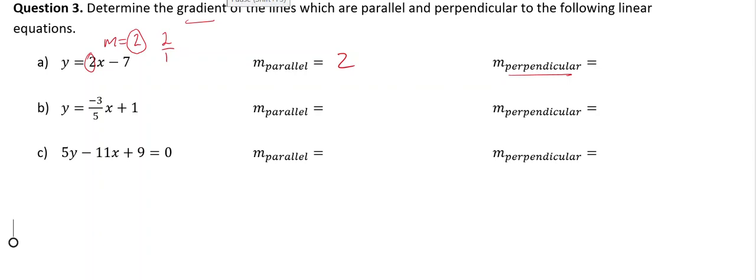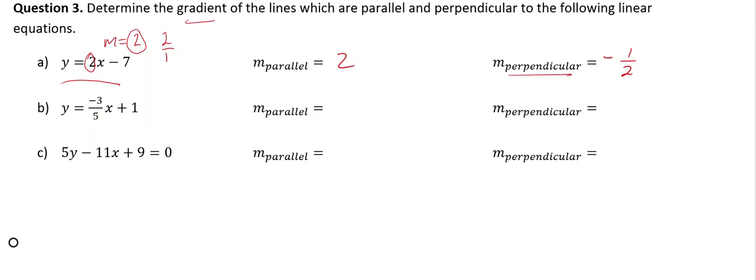So if we flip that, then it becomes a half. But we've got to do the negative reciprocal, which means we change the sign, we'll change it to a negative. So the gradient of the line perpendicular to y equals 2x minus 7, or any line that has a gradient of 2, will be negative a half, or negative 1 over 2.